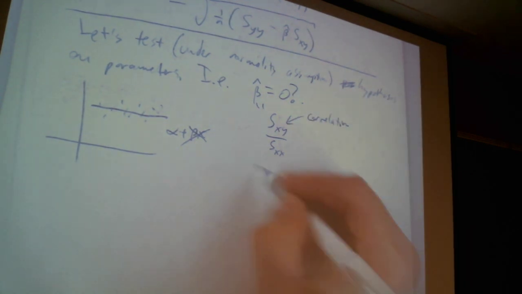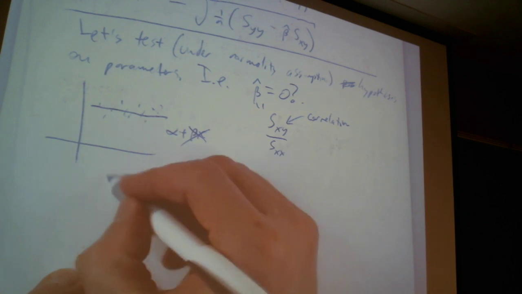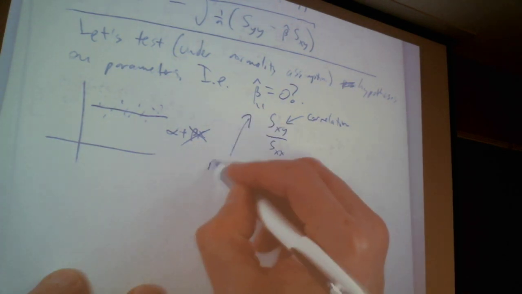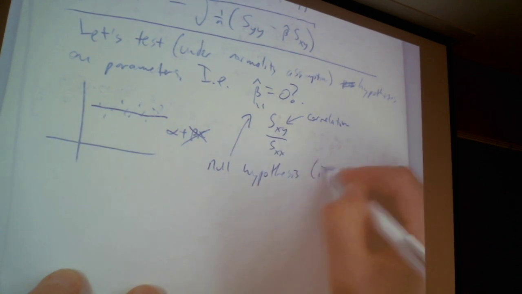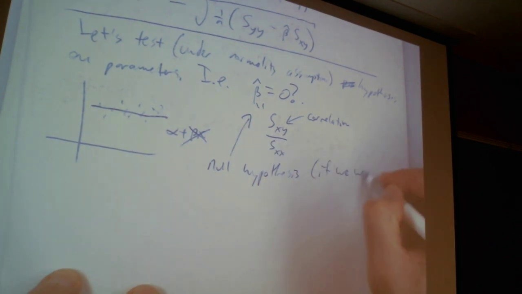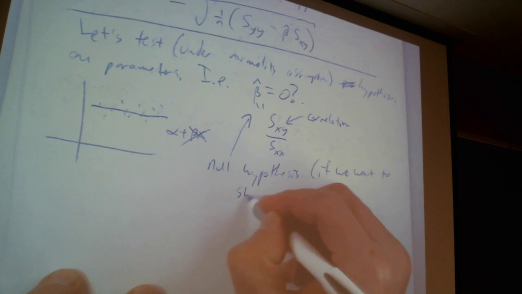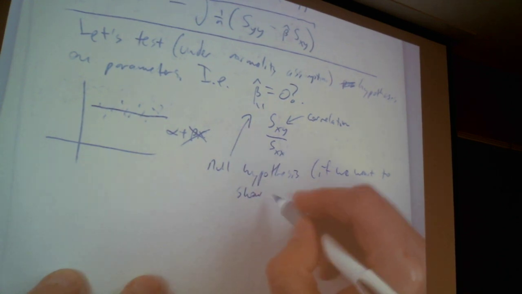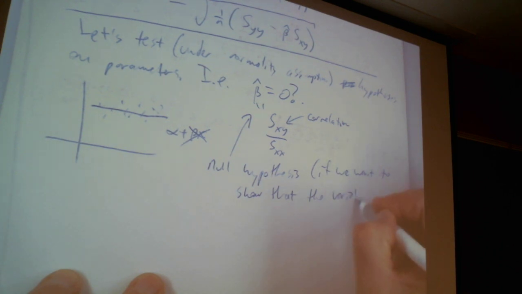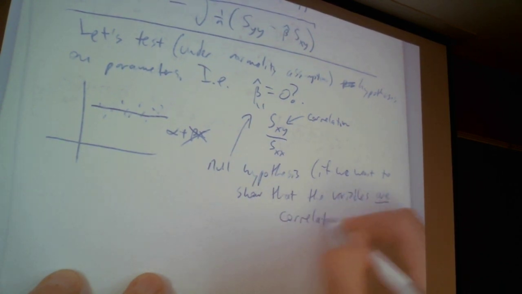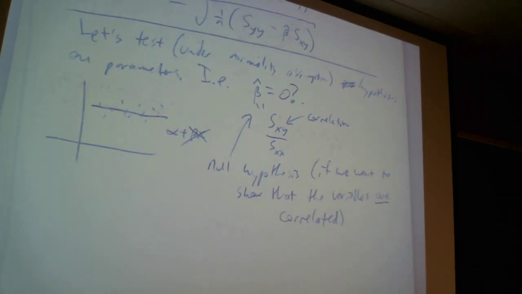So this would be a null hypothesis if we want to show that there is a correlation. If we want to show, on the contrary, that the variables are correlated. Okay?